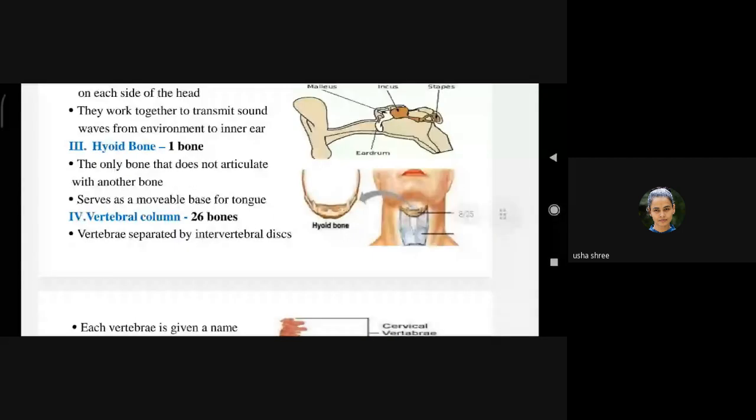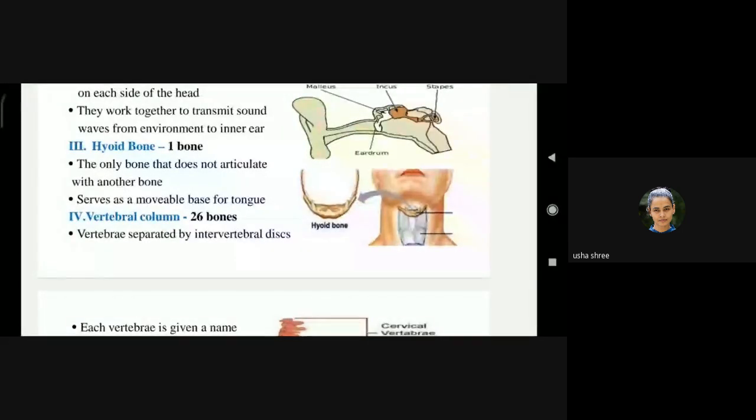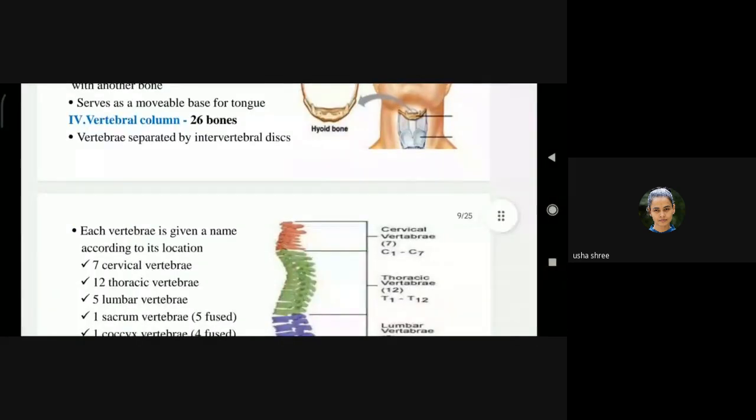And the next part of our axial skeleton is the vertebral column. So our vertebral column consists of 26 bones. Vertebrae are separated by intervertebral discs. Each vertebra is given a name according to its location.